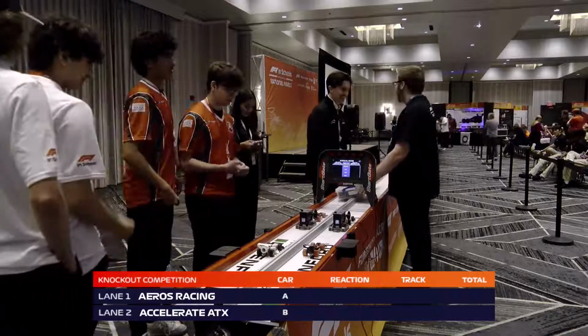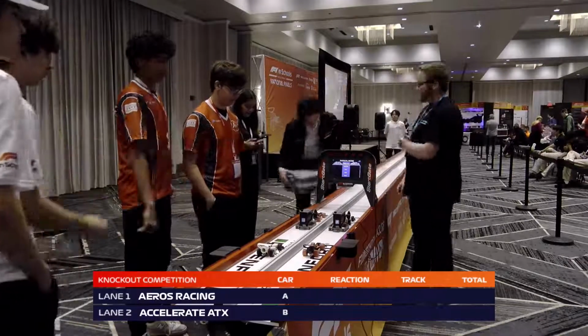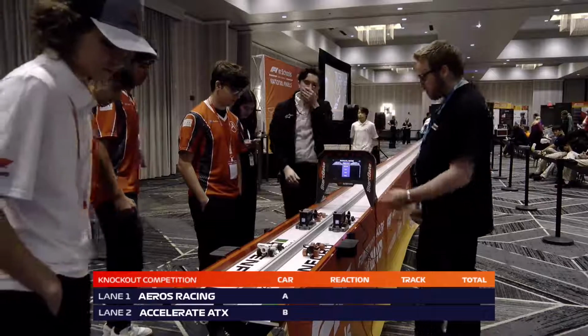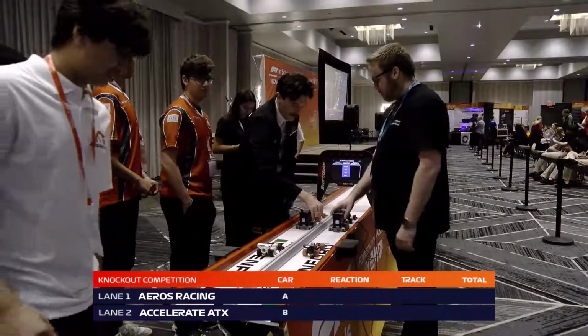First race underway here for Aeros versus Accelerate ATX. Our 8th seed against our 4th seed.